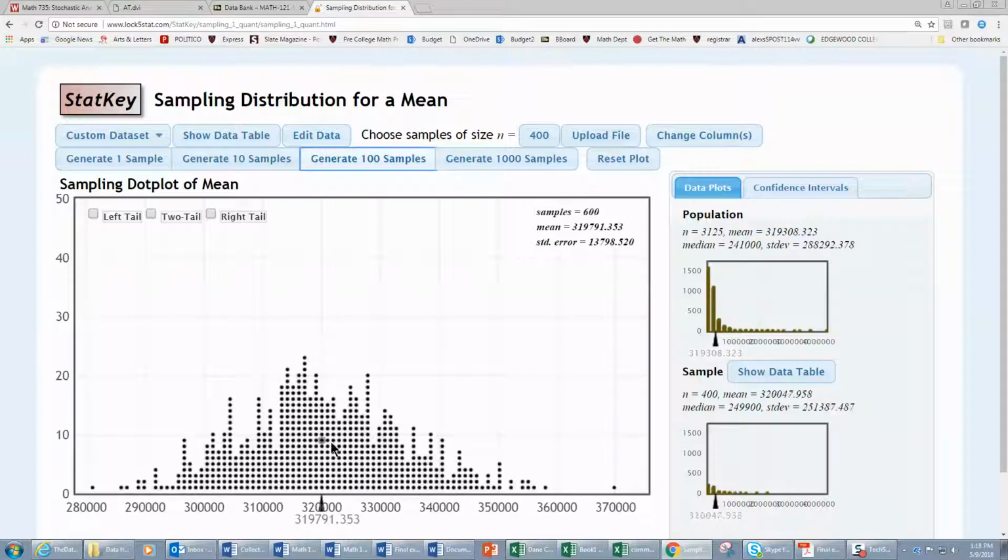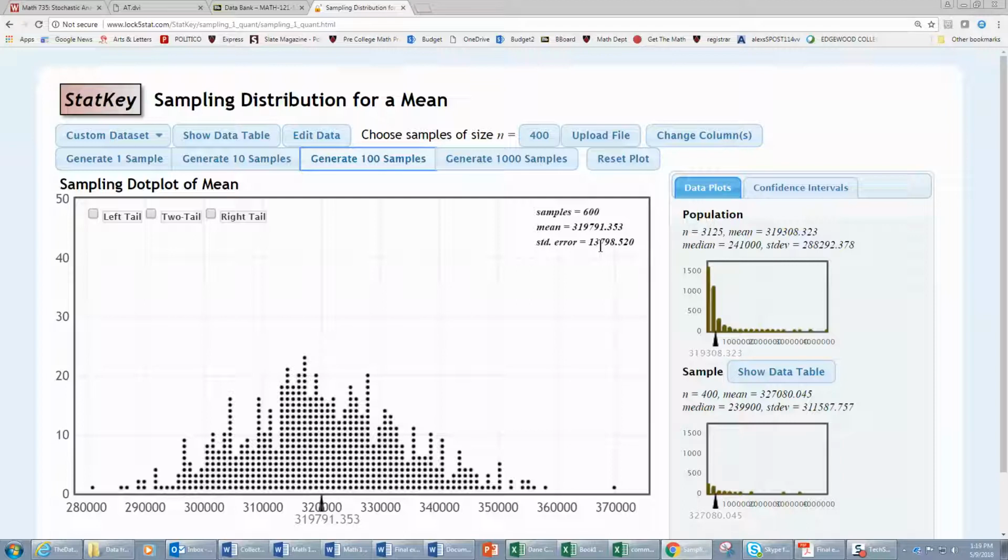First of all, the average of all these sample means is real close to the mean of the original data set, 319,791 for our sample means. So it's centered pretty closely to the mean of the original data set. But the important thing to notice here is the standard error now is only about $14,000.